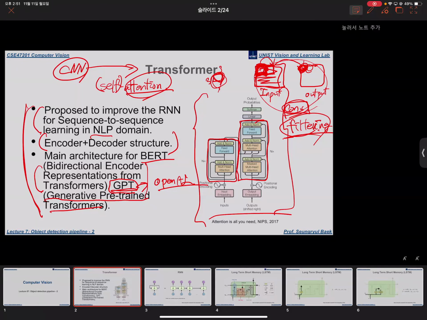So it is composed of the encoder-decoder. The input to the encoder is the input signal, and we encode the input signal into the feature. That's what the encoder is doing. And then, inputting this feature to the decoder, we output something. That's what the decoder is doing.